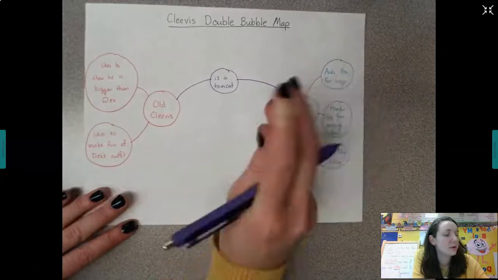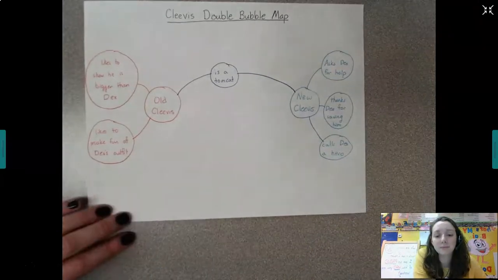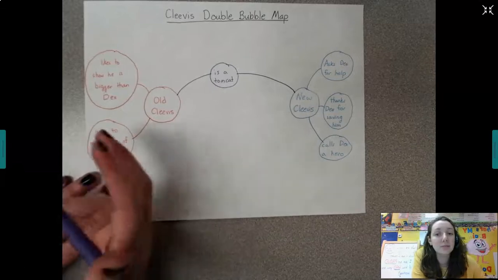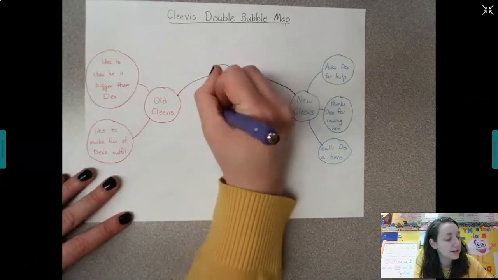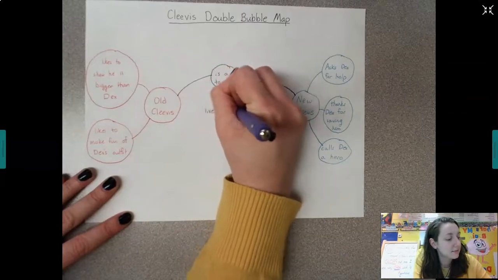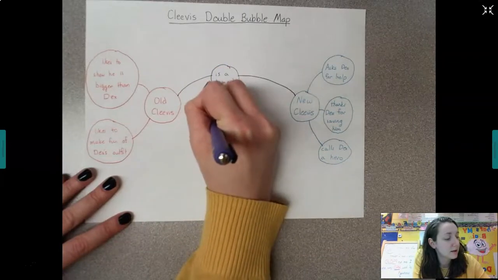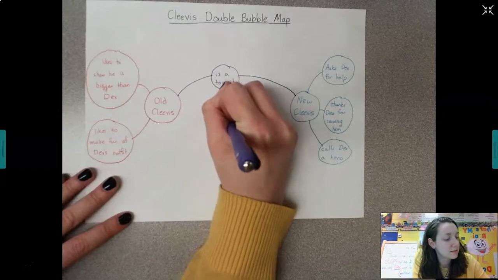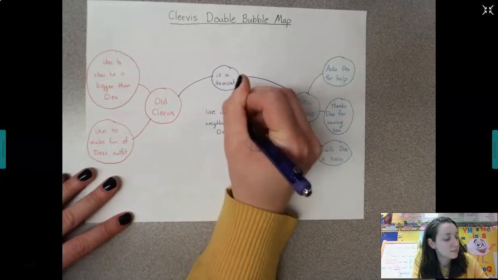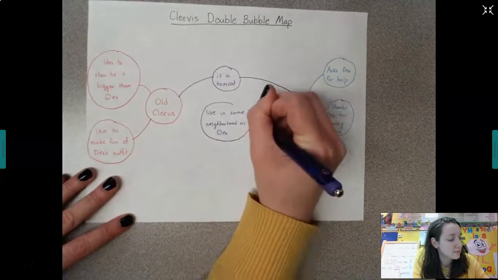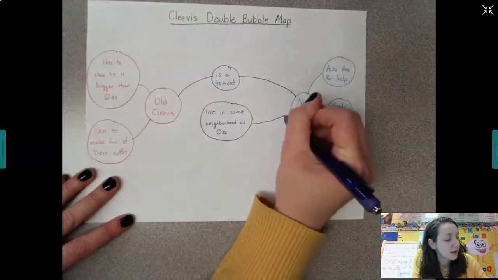So I'm using purple because this is what they have in common. And both old Clevis and new Clevis live in the same neighborhood as Dex. All right, so something else they have in common.